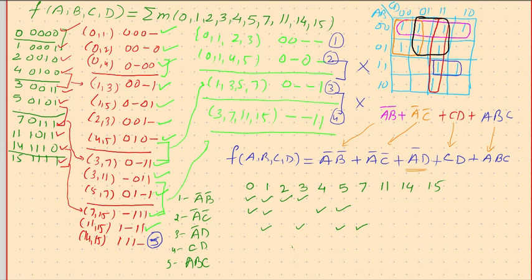This is 3, this is 7, this is 11, and this is 15. And ABC we get from this, that is 14 and 15.